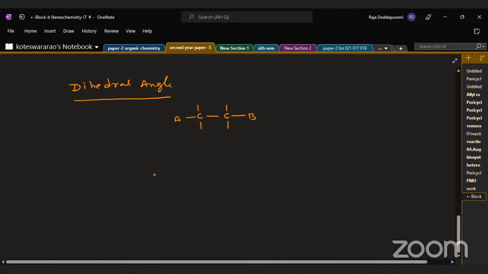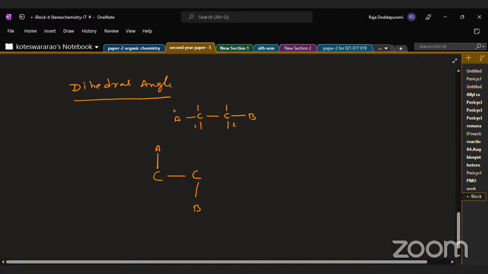Now, suppose I am taking a non-planar structure of the above molecule. The plane which is passing through this A, attached at the first carbon. If you take the second carbon, this is the B. Here the two planes are there.